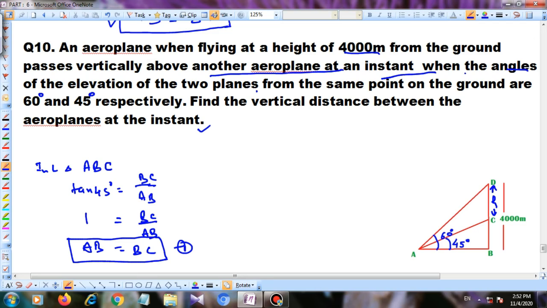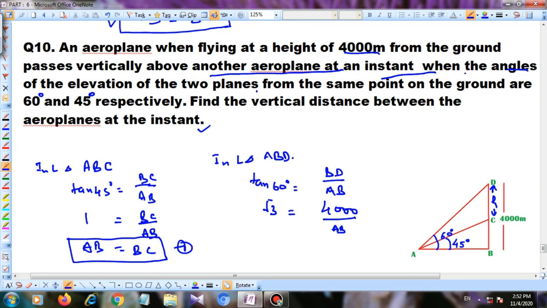Now, in right angle triangle ABD, tan 60 equals BD upon AB. Clear? So the value of tan 60, you know, is root 3. So this is BD, given in the question as 4000, upon AB, right?